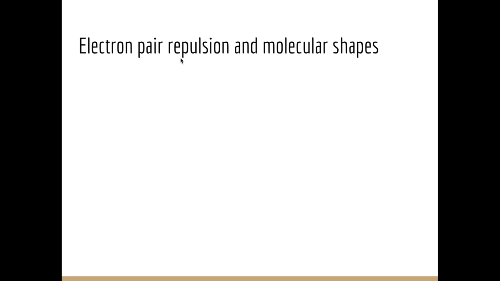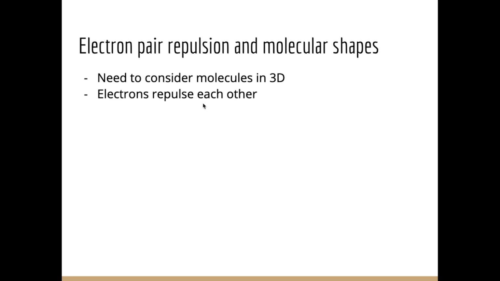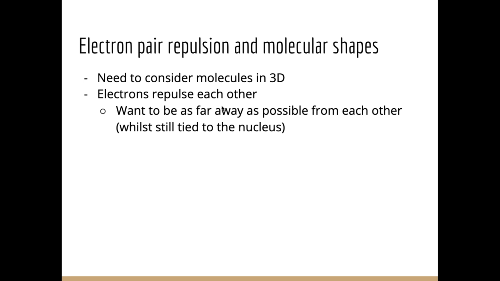We've been saying all along that electrons will repulse each other. So if we have electron pairs, whether they're bonded or non-bonded, around an atom in a molecule, this is going to affect the geometry that it will exist in. So we need to consider molecules in 3 dimensions. And we know that electrons repulse each other. So what this means is that they want to be as far away as possible from each other, but they're still being tied by the nucleus.